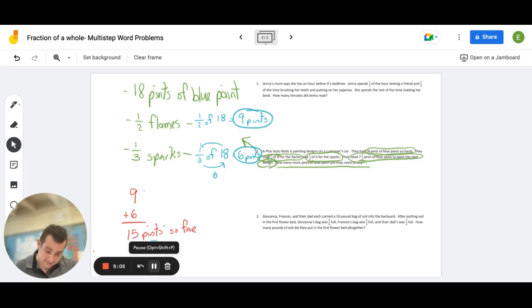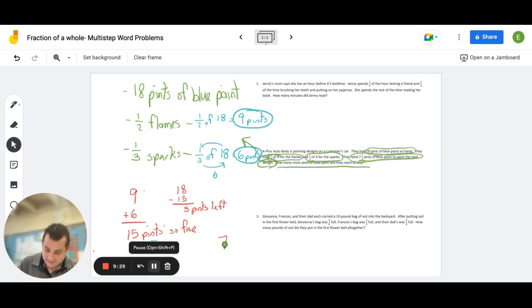Now the problem says they need 7 3/4 pints of blue paint for the next design. Well, if I used 15 pints so far, we started with 18, take away the 15, I have 3 pints left. Okay?